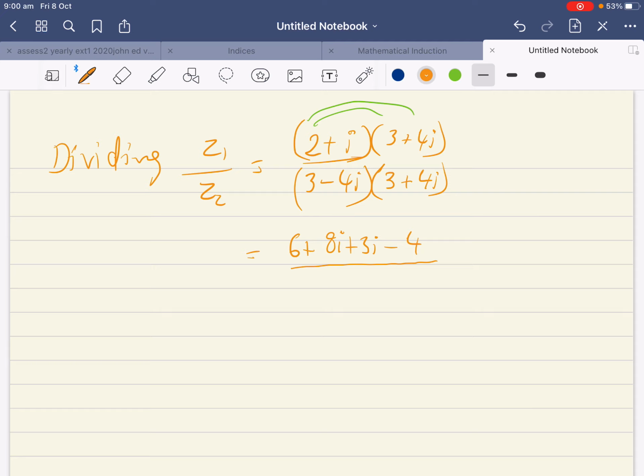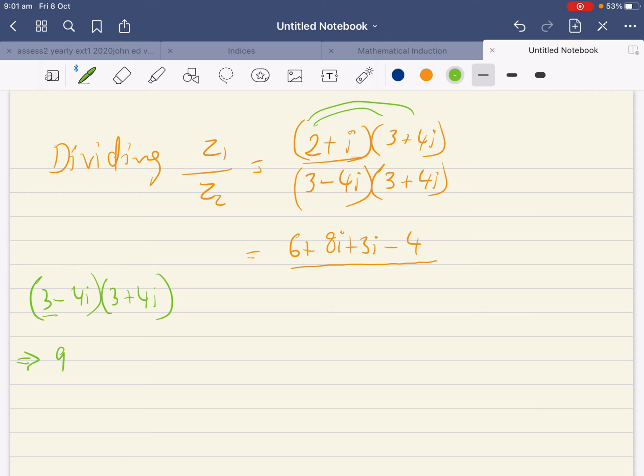The bottom is super interesting. Check it out. This is worth noting. Instead of expanding like normal, can we not just use the difference of two squares shortcut? 3 minus 4i times 3 plus 4i. You can go ahead and expand it all out, and you're going to end up with the same thing anyway, but we do have the difference of two squares shortcut.